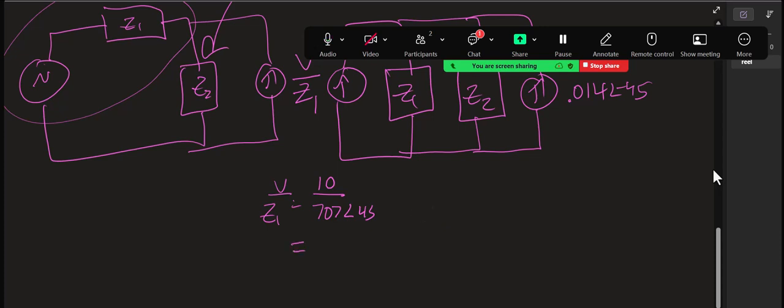I can't do 10 over 707 in my head, but I know what my angle is going to be: negative 45. And that's good because we don't really know how to deal with a circuit that has two different, well, yeah, we do. We could deal with that. But 10 over 707 is 0.014.